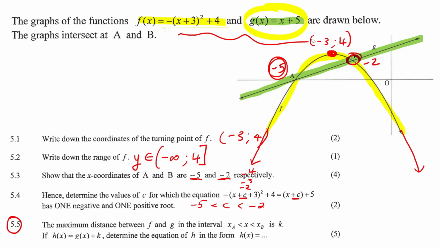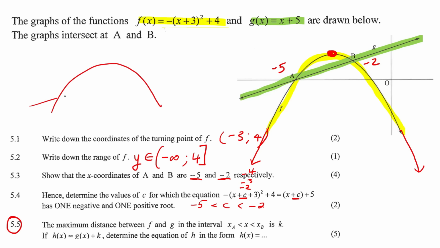Okay, so what we've learned in the past, let's just try and neaten up a little bit over here. What we've learned in the past is that when you have a parabola and a straight line, if you look at the vertical distance over here, you can see that it's increasing, it's getting more, and then it starts to become less.